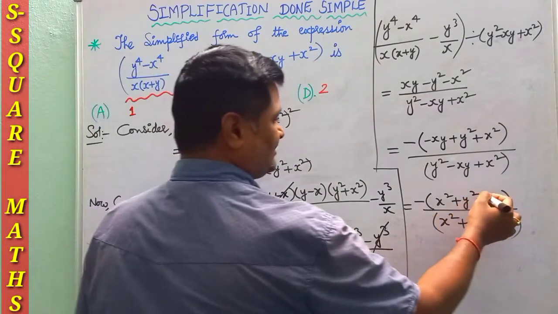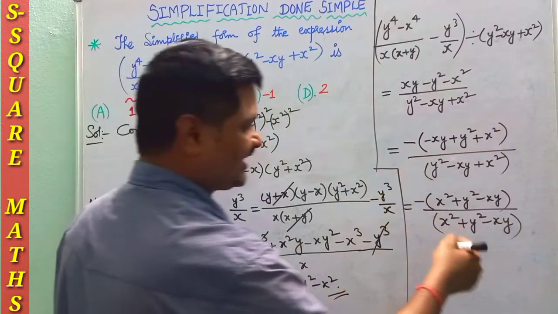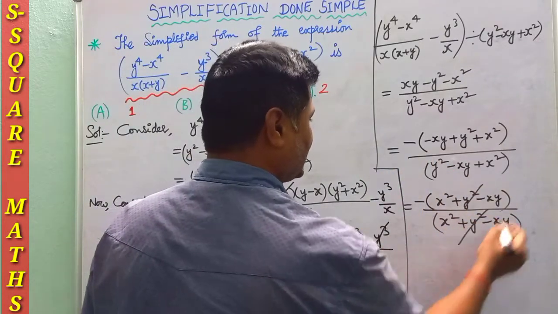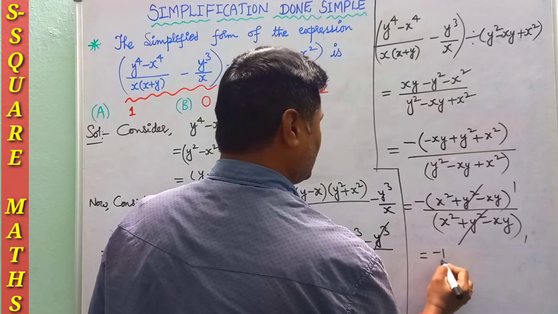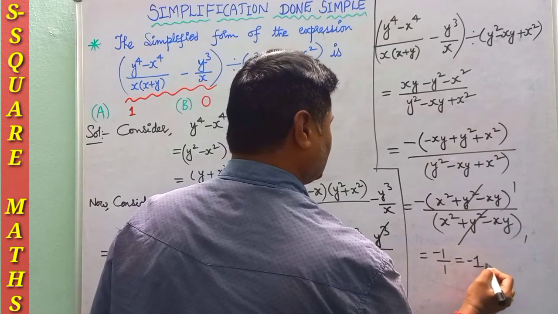Now they are the same in terms and signs, so they cancel, and minus 1 by 1 is minus 1.